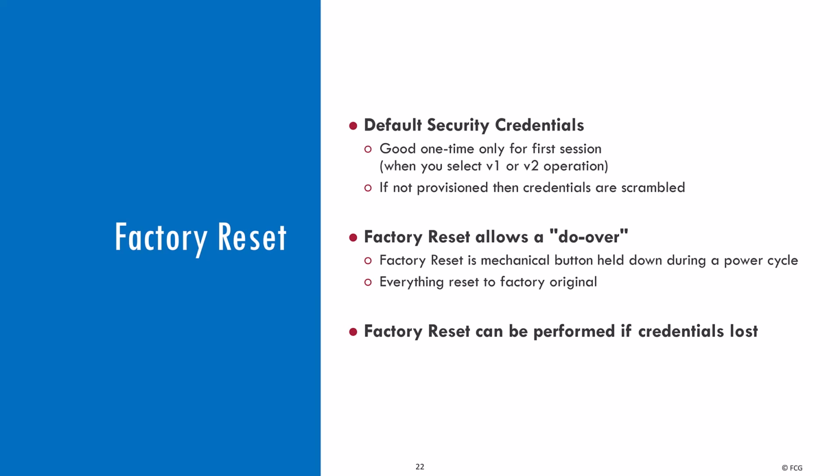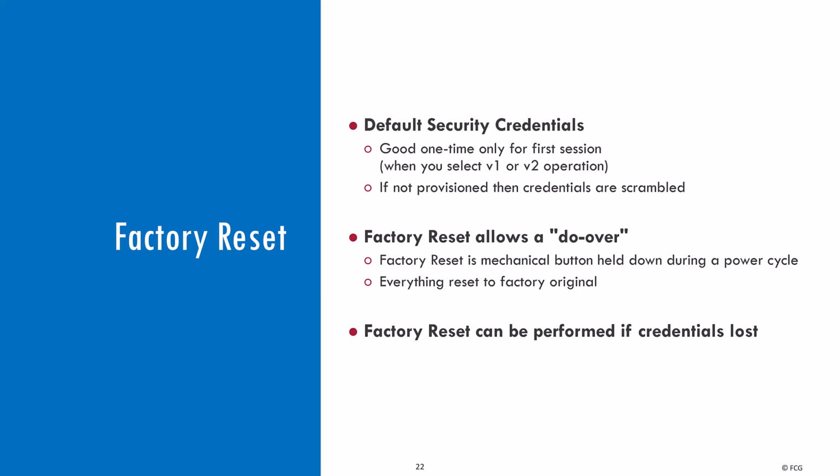But in the discussions about HART-IP, we decided that we needed a way to have a do-over, a way to reset everything and get started all over again. And so there's a factory reset that's required to be supported by all HART-IP devices. This is essentially a hardware jumper or switch that has to be asserted when you cycle the power on the device.